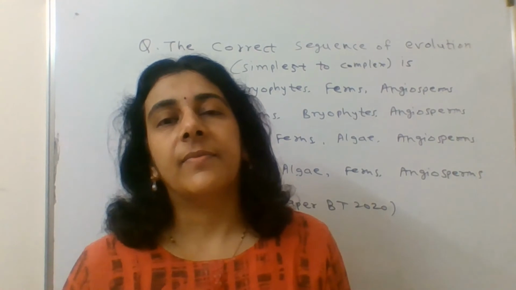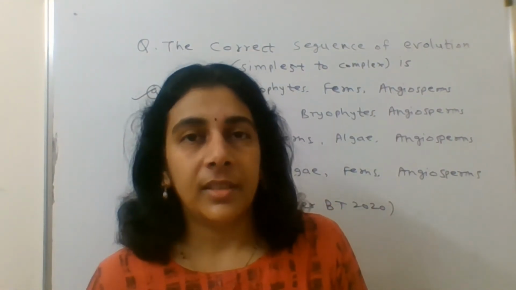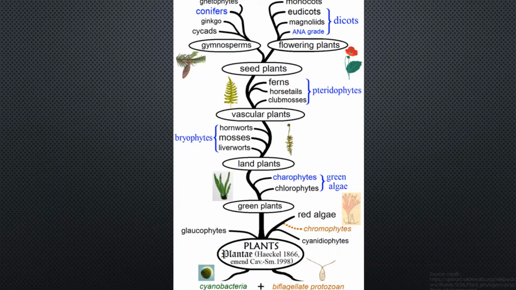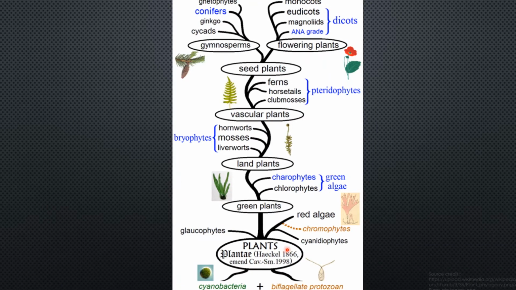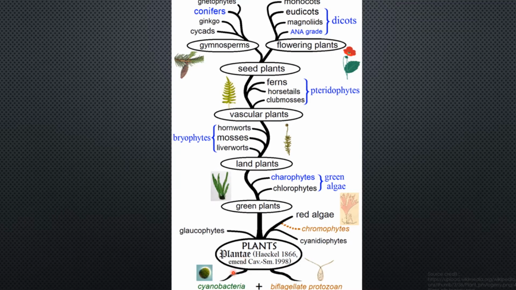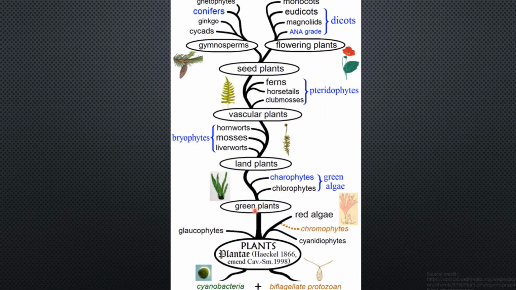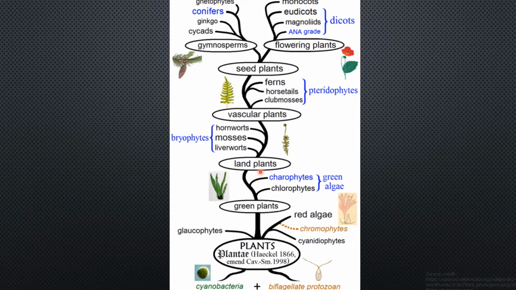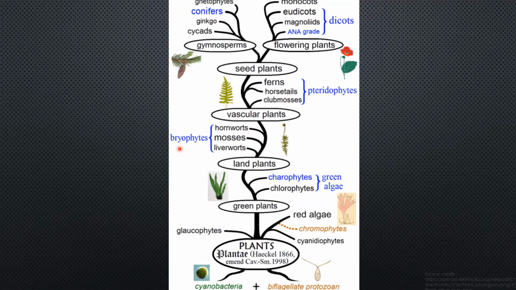For this we can have one image. In that image it is quite nicely described, so we'll go through it. This is an image where plant evolution is nicely illustrated. Here we can see water plants, cyanobacteria, arrived at the initial stages. Then green plants developed from these algae, and further there is an evolution of land plants. Here the bryophytes are shown.